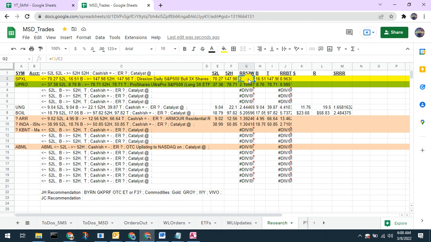So SPXL is just slightly better from a 52-week range standpoint, and then from a top to bottom range, it looks like SPXL is 8.963 and UPRO is 8.985. So in this case, they're very close, as we could see. Either one would be a good choice.